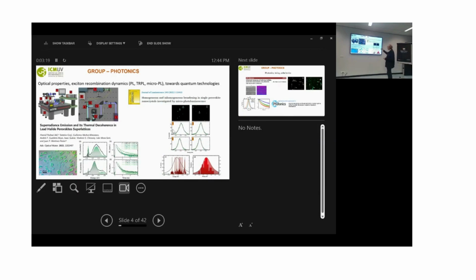Also with other perovskites, like nanocrystals, we can study with the same technique the emission of a single nanocrystal, reflected by these very narrow lines that more or less sweep the complete range of emission when you measure millions of these nanocrystals.